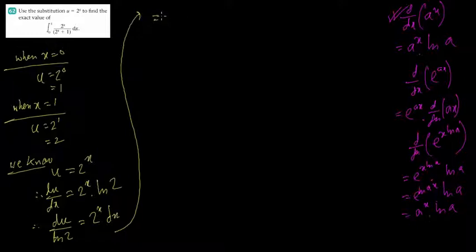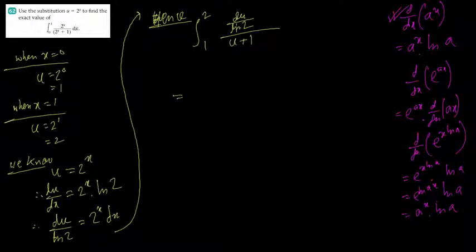So this is equal to, we can substitute now, hence the lower limit 0 is going to be 1 and the upper limit is going to be 2. Upstairs we have 2 to the power x into dx. Remember, this is multiplied upstairs. So 2 to the power x dx is du by ln 2. So we have du divided by ln 2 upstairs, and downstairs we have 2 to the power x plus 1, that means u plus 1.